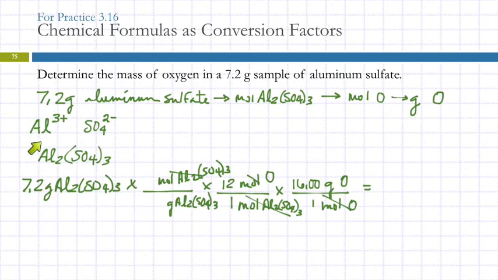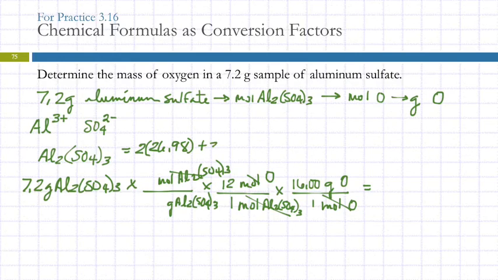This has got 2 aluminums and 3 times 1, 3 sulfurs, and 3 times 4, 12 oxygens. So it's 12 moles of oxygen to 1 mole of aluminum sulfate. And then we need the actual molar mass for aluminum sulfate, so we have to calculate that. So 2 aluminums times the mass of aluminum, 26.98.